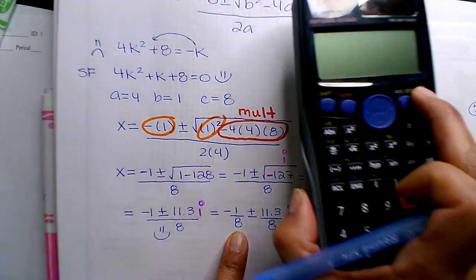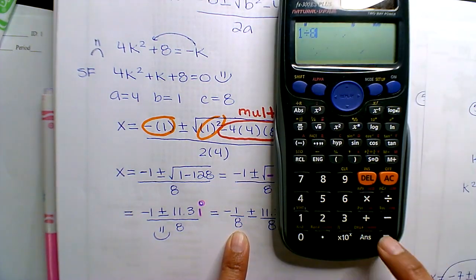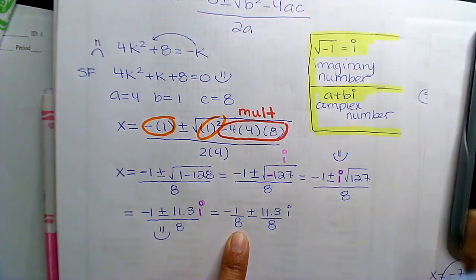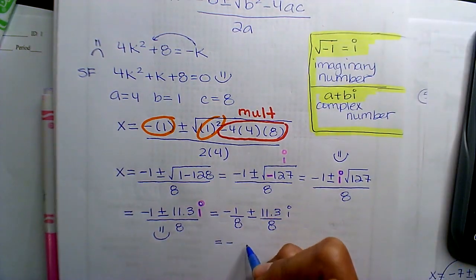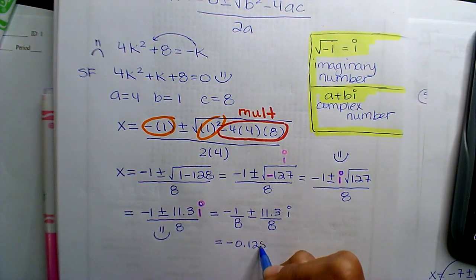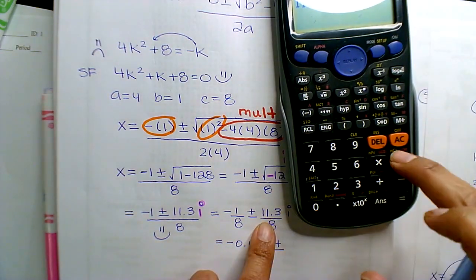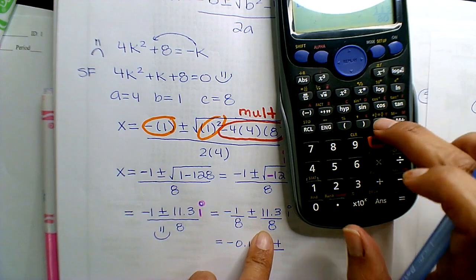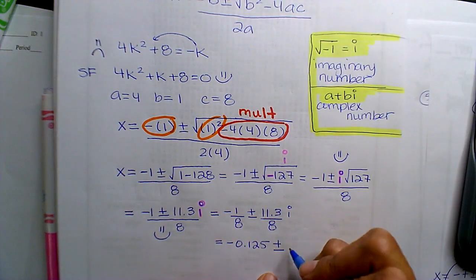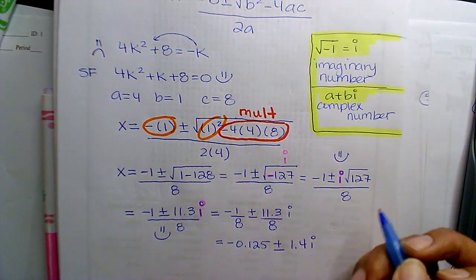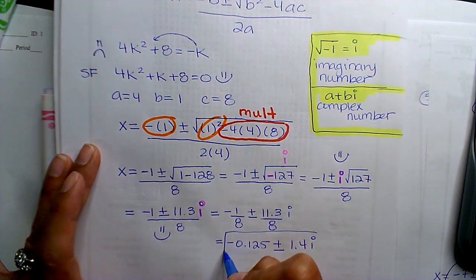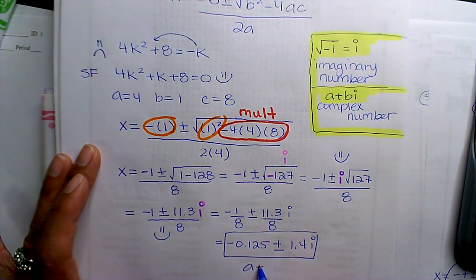So if you throw that in the calculator, 1 divided by 8. If you're in honors, you have to go all the way. And so this is your beautiful complex.